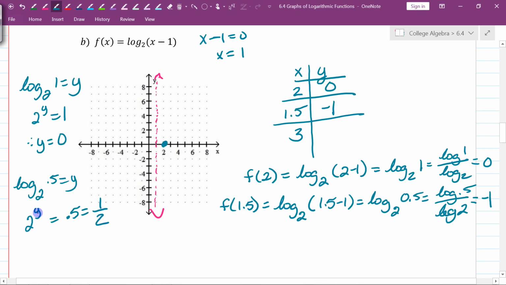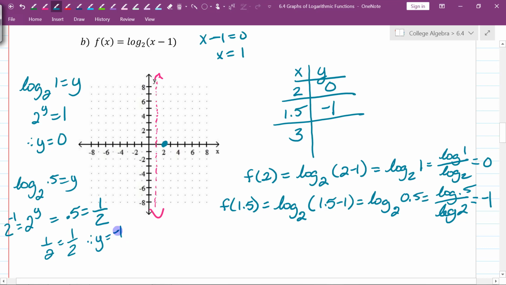Well, y would have to equal -1, because if 2 to the -1 is rewritten as 1/2, which equals 1/2. So therefore, y would equal -1. So there's another way of solving that.